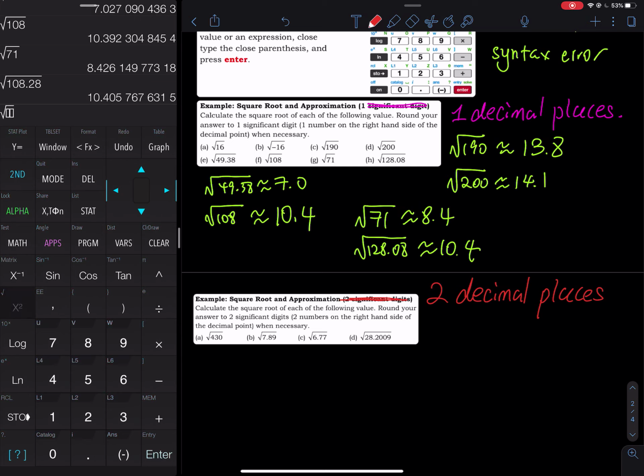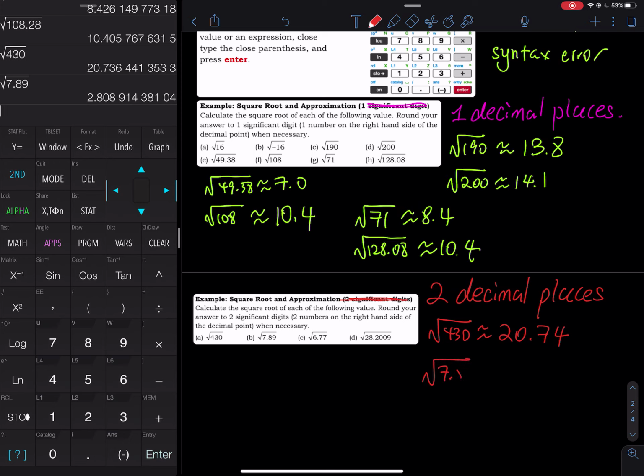Square root of 430, that is approximately equal to 20.74. The square root of 7.89, that is around 2.81. And then the square root of 6.77, that is around 2.60.